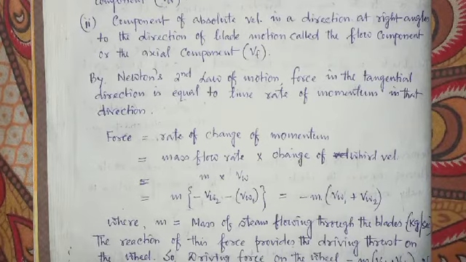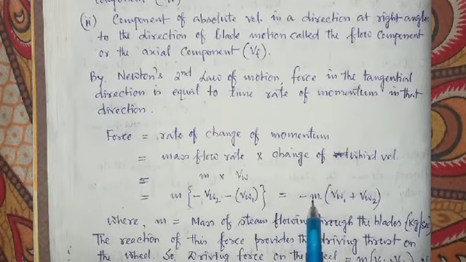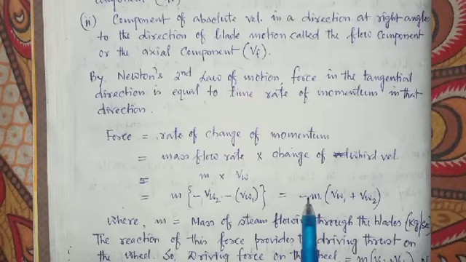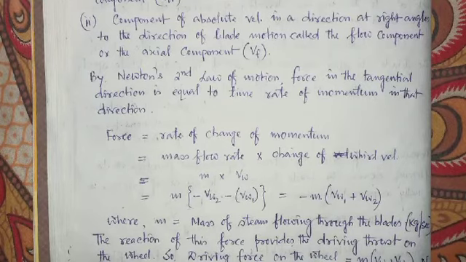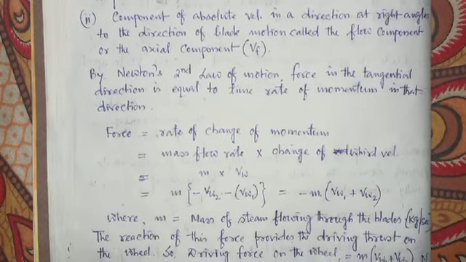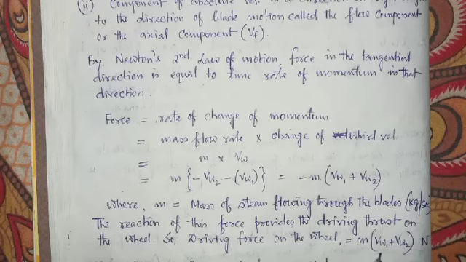The driving force on the wheel can be written as shown. The negative sign indicates the direction opposite to the movement of the blade, and this is the positive direction because of which the blade is moving. This is the causing force because of which the blade is moving.